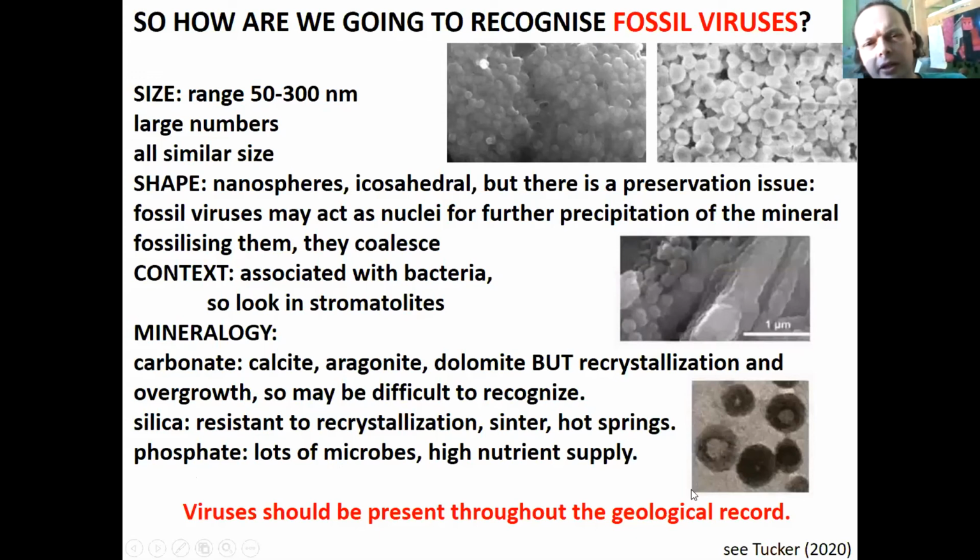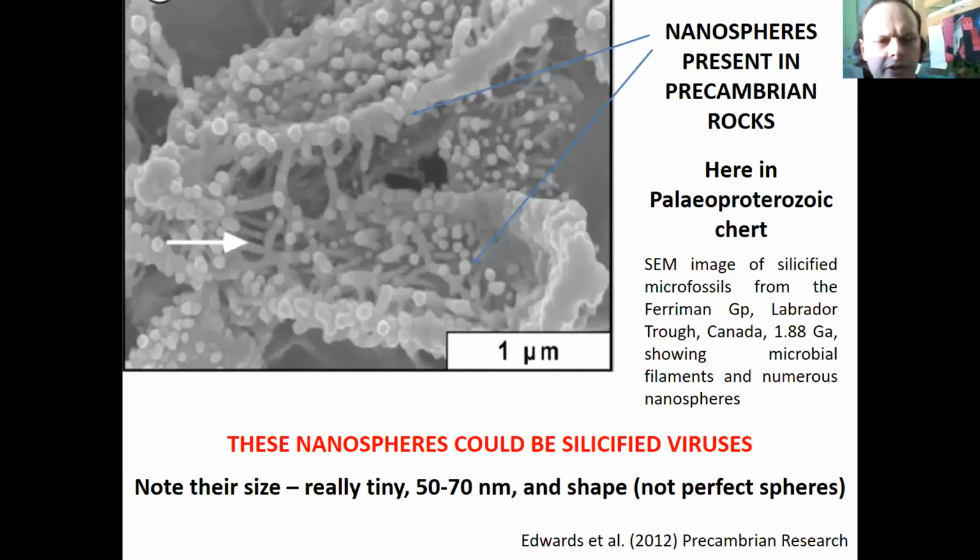Here we have an example from stromatolites. So viruses should be present throughout the geological record, and I will show you some examples. Maurice Taka already published very nice examples from the ancient systems, but I'd like to show you also some of them in my talk here.